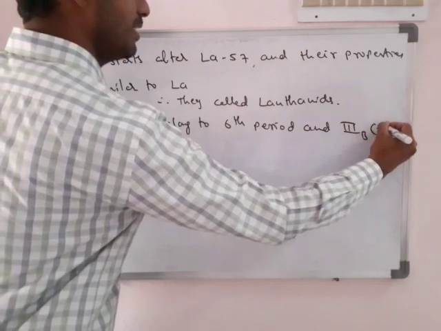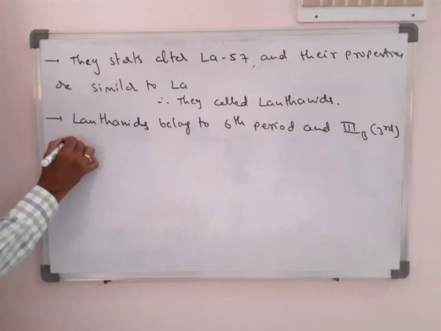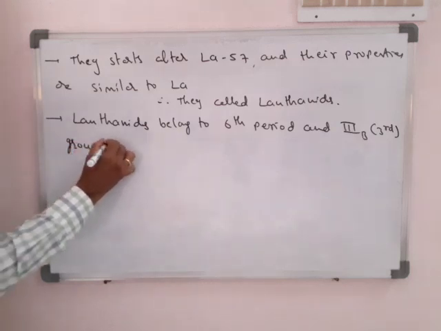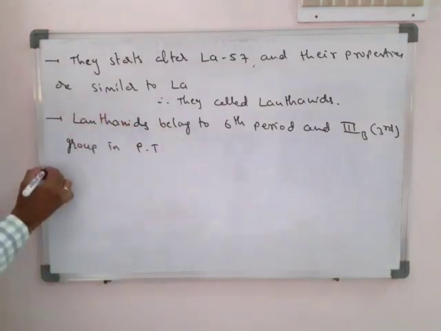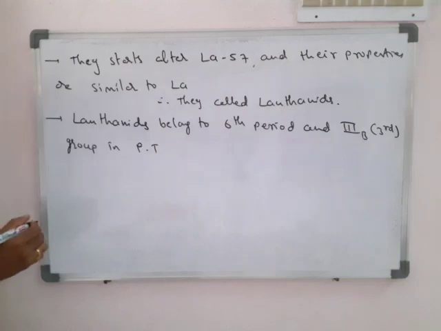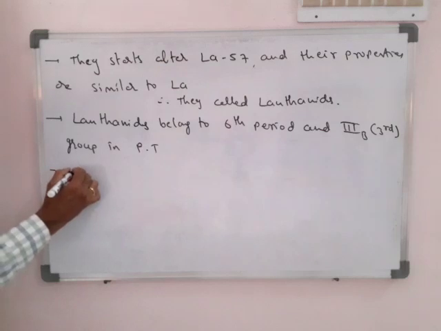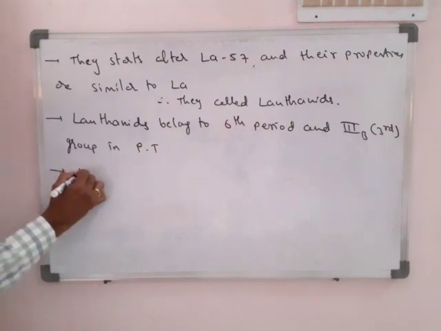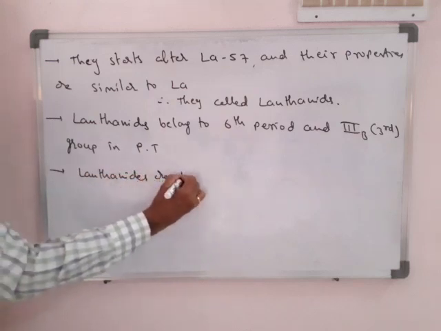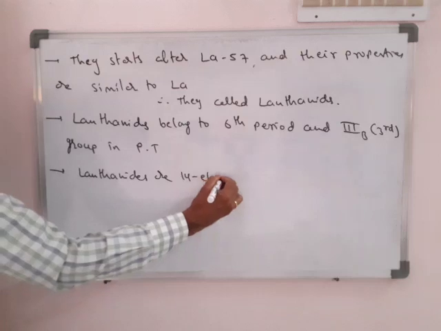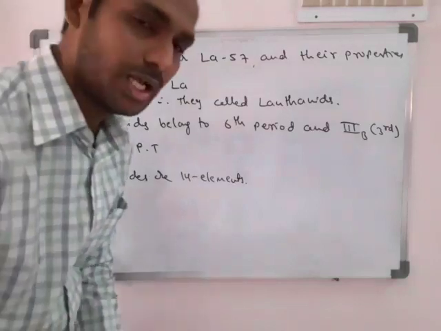The 3rd B, nothing but the vertical column is also 3rd. Okay, 3rd B group in the long form of the periodic table. Okay, next, some important one. Total how many elements are there? In the lanthanides, there are 14 elements. Okay, so this is about lanthanides.